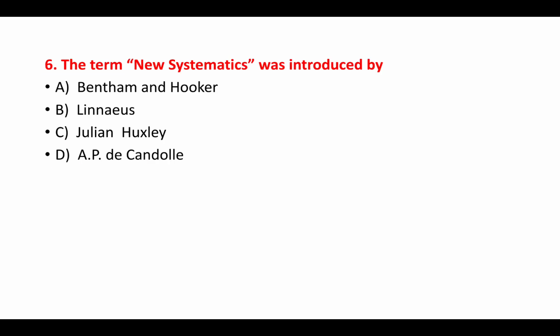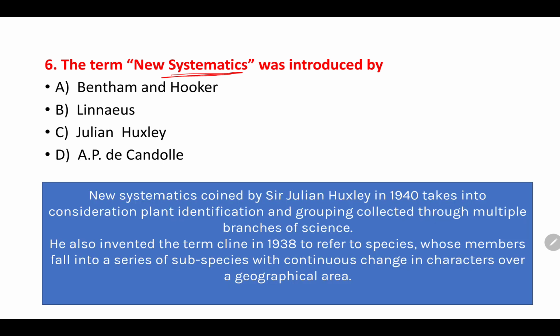Next, the term new systematics was introduced by. The term new systematics was coined by Julian Huxley in the year 1980. Okay, and it is based on the identification and grouping, that is into multiple branches of science.